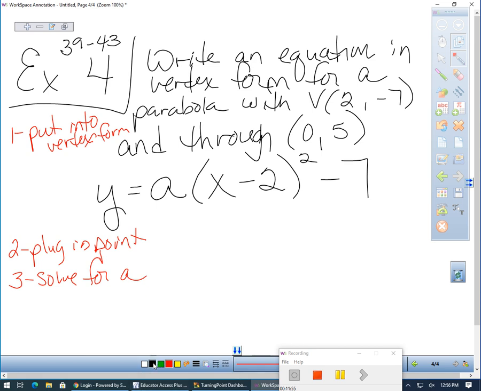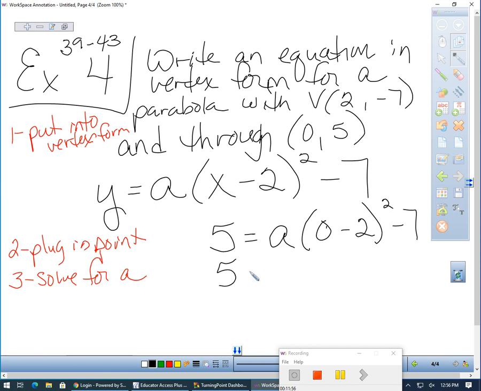All right. So here we go. Our point is 0, 5. So 5 goes in for Y. We still have A. 0 goes in for X. Now we're going to solve. Everybody okay how I plugged it in? All right. Inside this parenthesis, we have 0 minus 2, which is -2. Squared is 4.